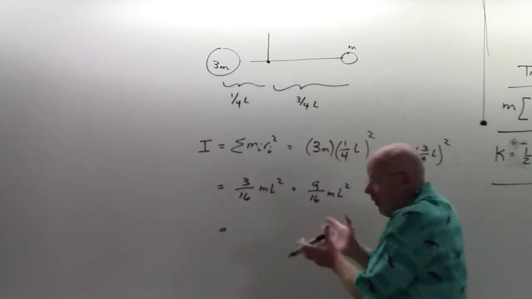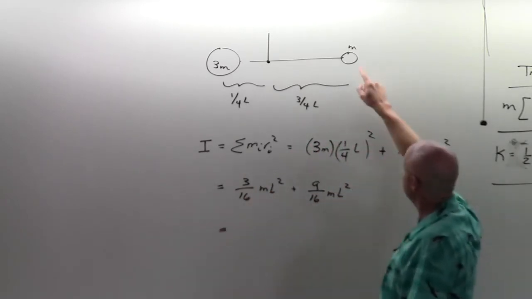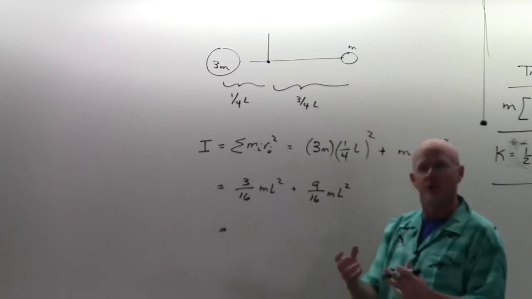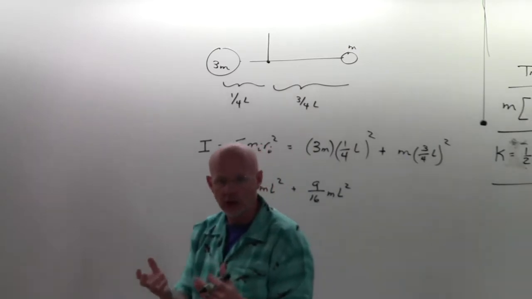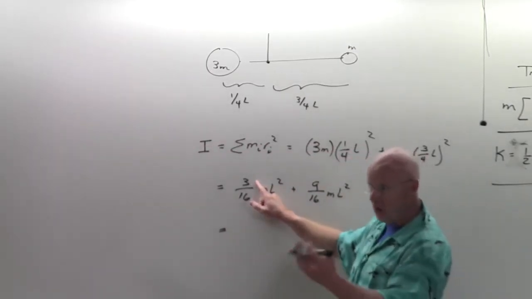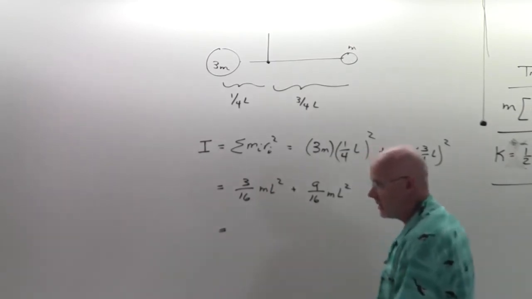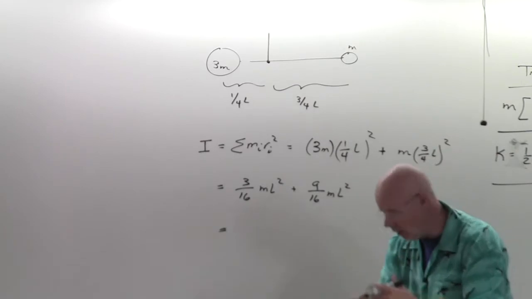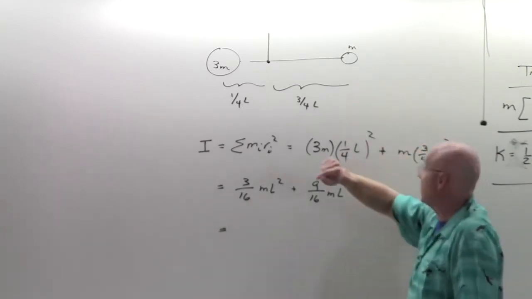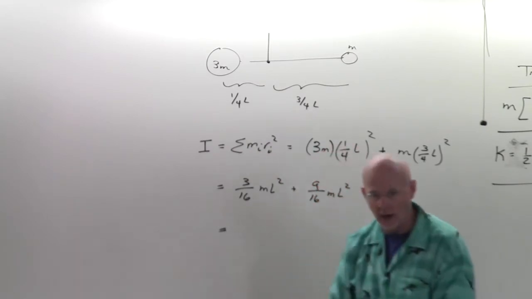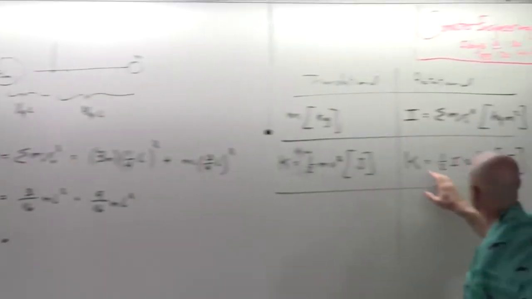You can see, though, before I add them together, that it is this weight out here that contributes the most to the moment of inertia. By far more, right? This 9 is 3 times more than this one. So if this thing is hard to rotate, it is mostly hard to rotate because of that one there, not because of this one. I know this one has more mass, but it is closer in. And that's why the moment of inertia is a bit more complicated.